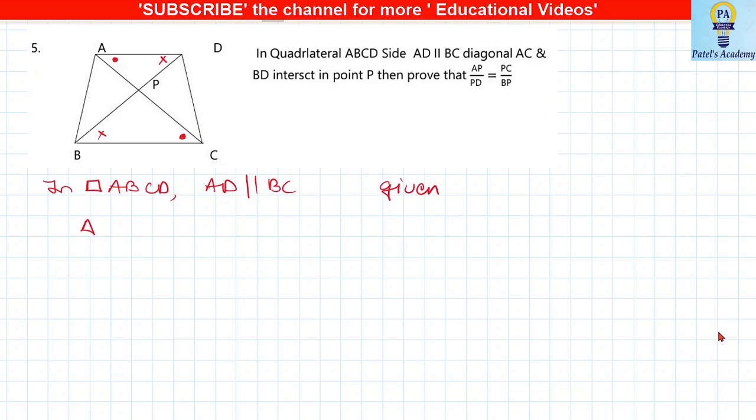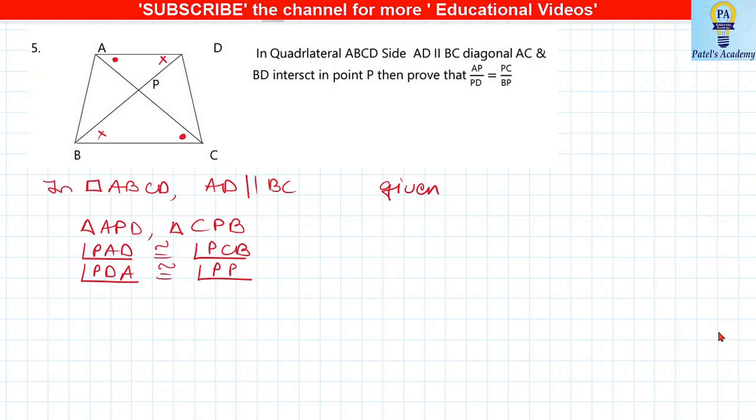We are talking about triangle APD and triangle CPB. In these two triangles, what is equal? First let me write down the angles what I have marked with a dot, means angle A and angle C. That is PAD is congruent to PCB, and now I'll write down the angle which I marked with cross, that is PDA congruent to PBC.